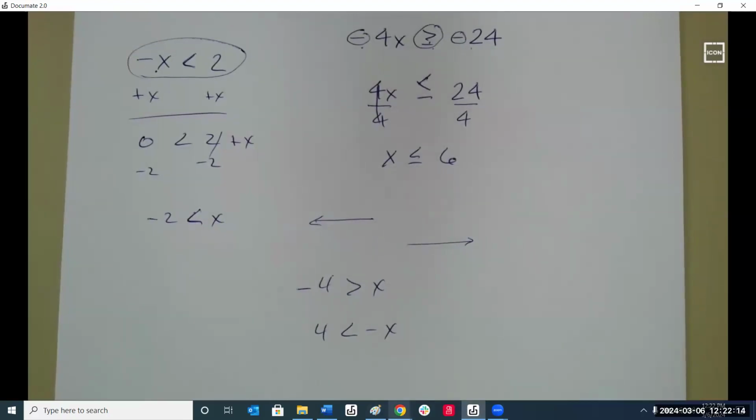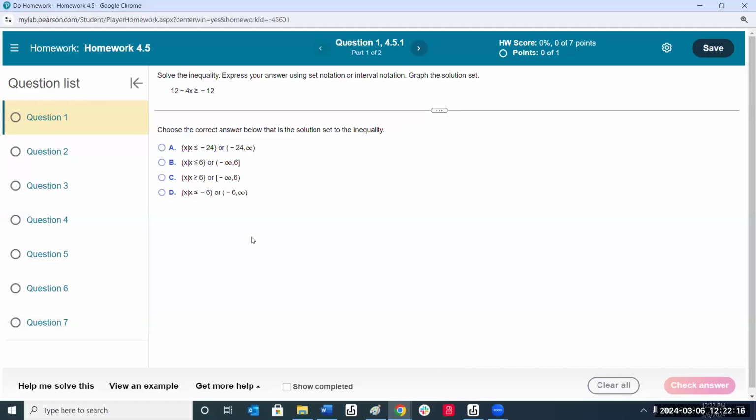So our answer is... oh, okay. So it wants both of them. So x is less than 6. So it's this one.